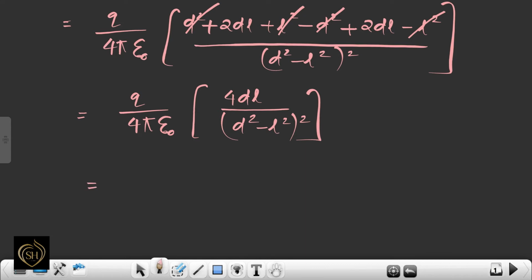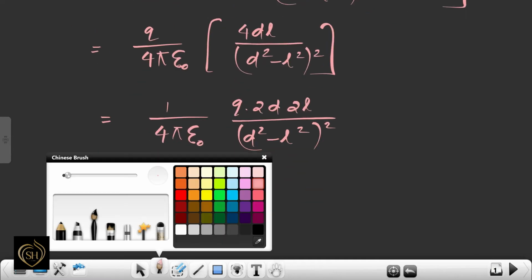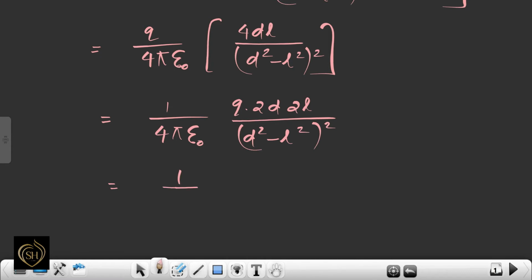This can be rearranged in this way: 1 by 4 pi epsilon 0, Q into 4dl can be written in this way also: 2d into 2l divided by (D square minus L square) the whole square, that is equal to 1 by 4 pi epsilon 0 into Q into 2l.